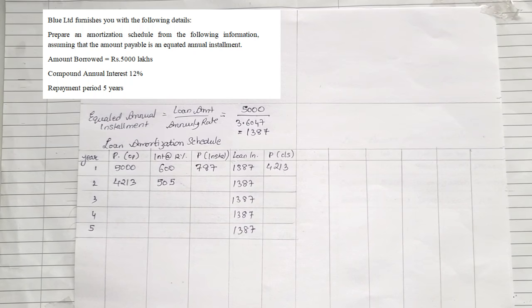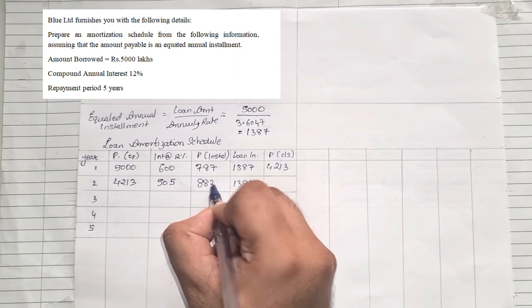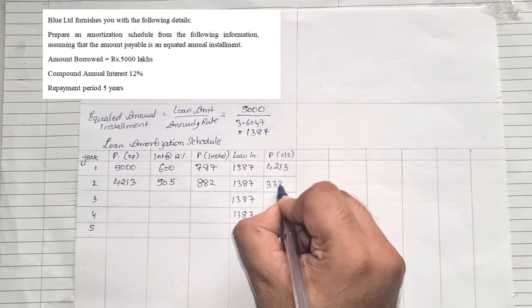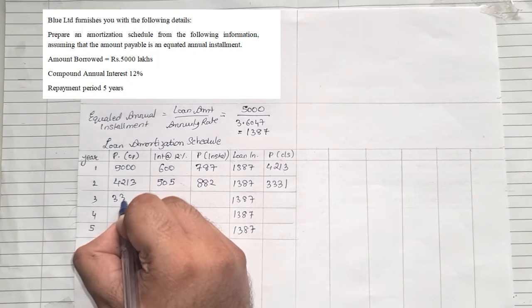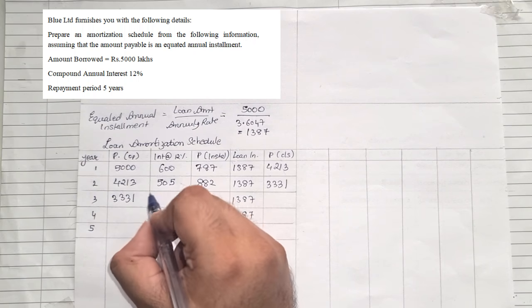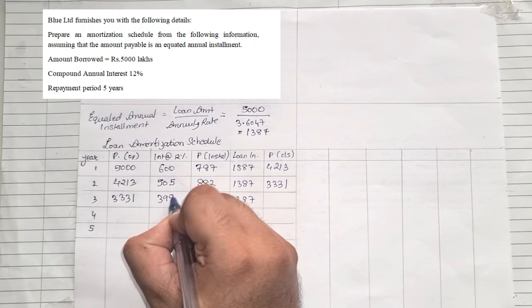Now this 1387 minus 505 will give you the balance of 882. 4213 minus 882 will give you the closing value of 3331. Last year's closing will become this year's opening. On that, if I take 12%, I will get 399.